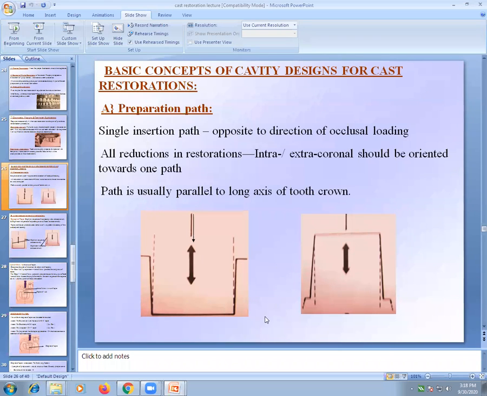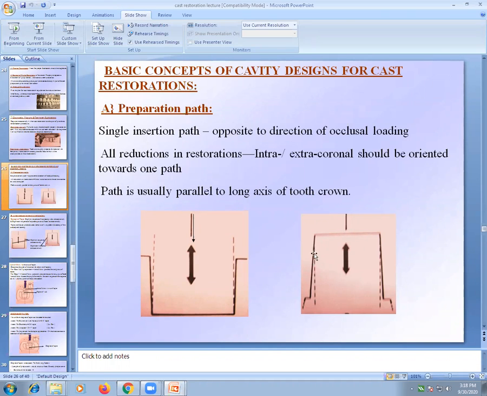All reduction in the restoration, whether intra or extracoronal, should be oriented towards the one path. It means you should be able to withdraw the wax pattern only in one direction, right? Here also, if you prepare a crown, your wax pattern removal should be in only one direction.